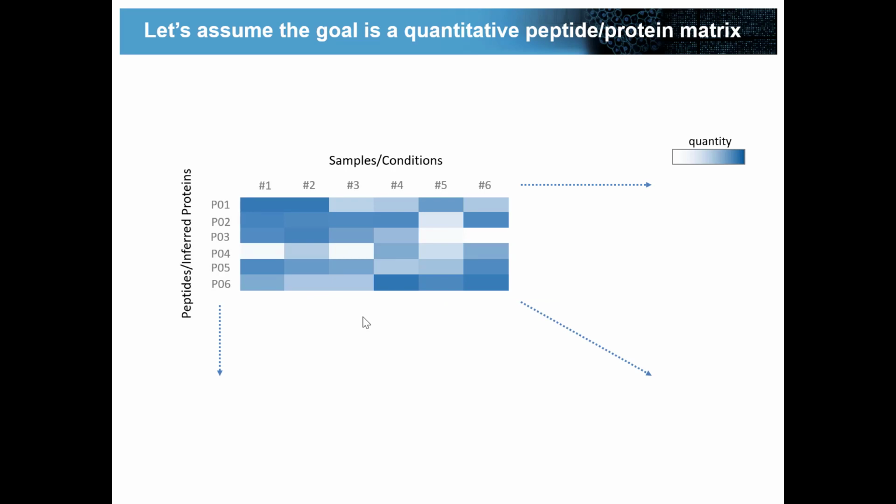Let's assume the proximal goal of any of these experiments is a quantitative matrix, with a set of samples or conditions on one axis and a set of peptides or proteins on the other axis, and this can be arbitrarily large. Rudy mentioned it might be useful to have it larger in one dimension than the other. But what we would like is a nice complete data set here so we can do the types of analysis he discussed. So this is the goal.